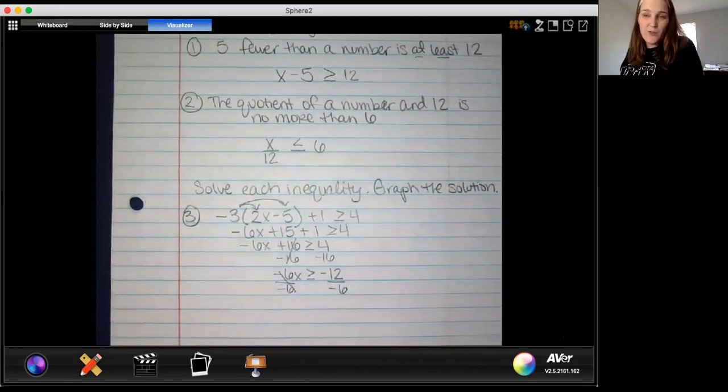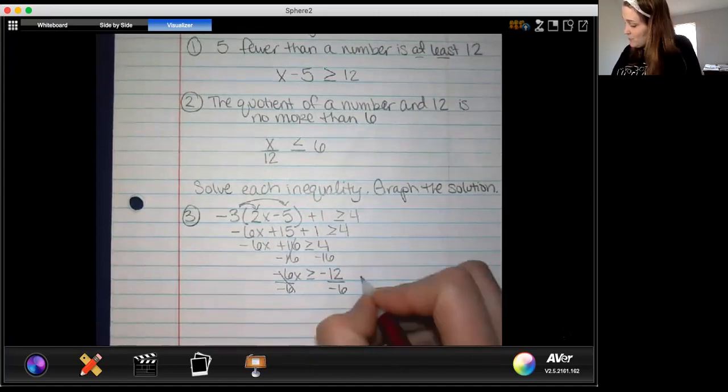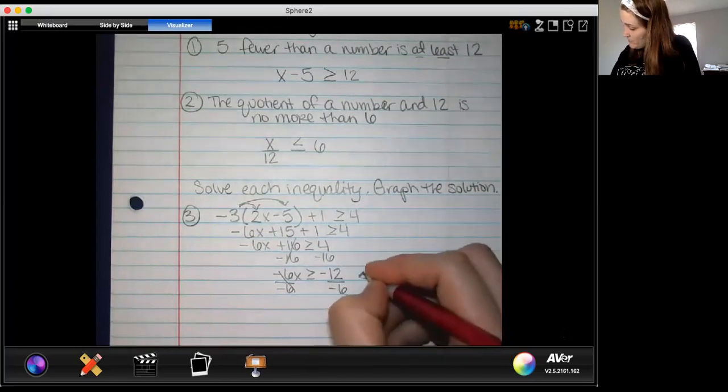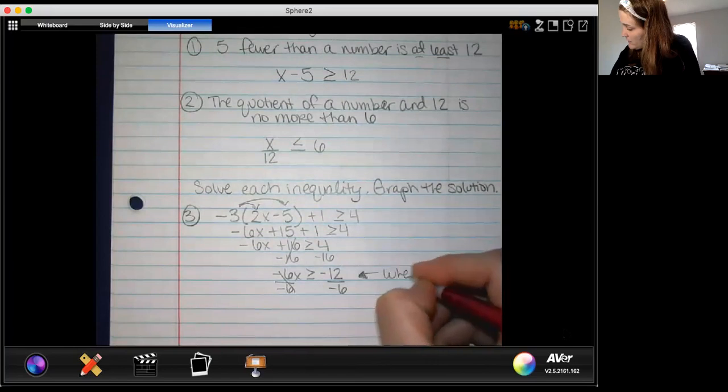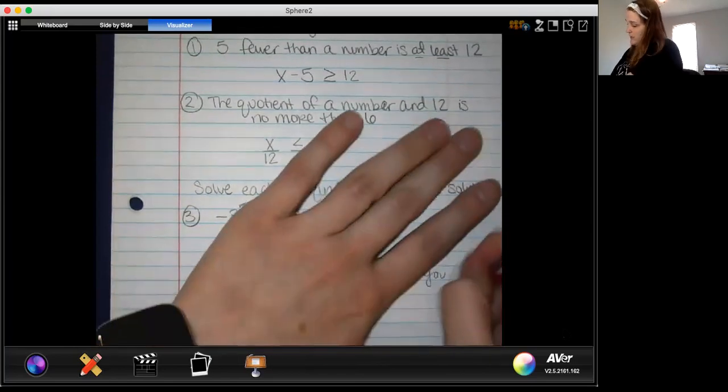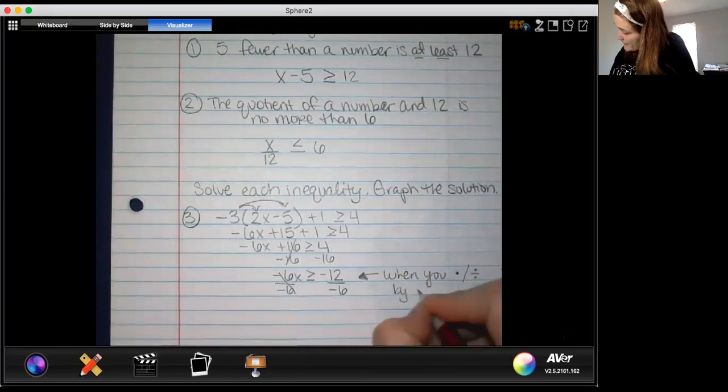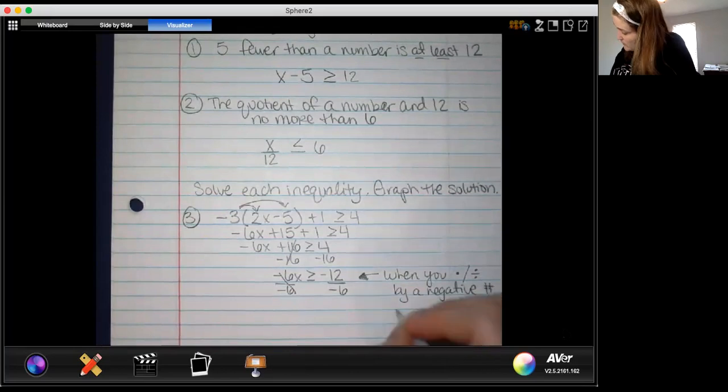And this is where one of those tricks come into play when you're working with inequalities. So when you multiply or divide by a negative number, the sign changes.